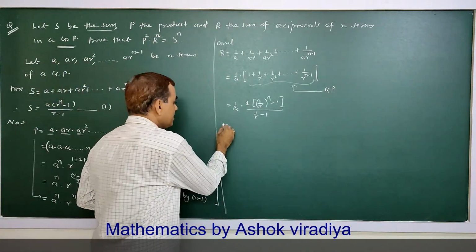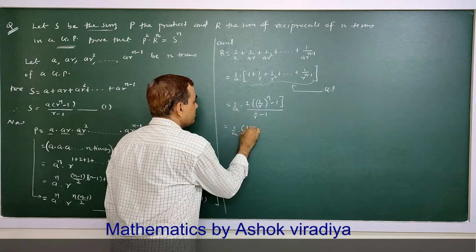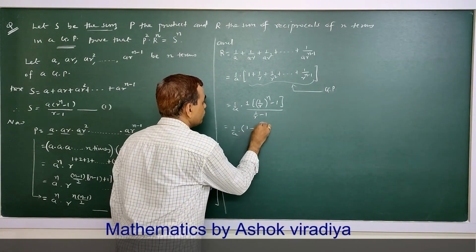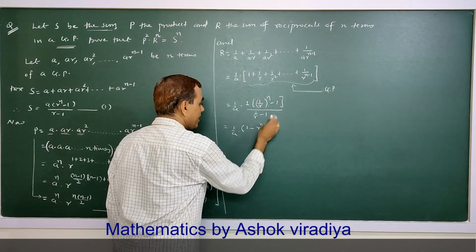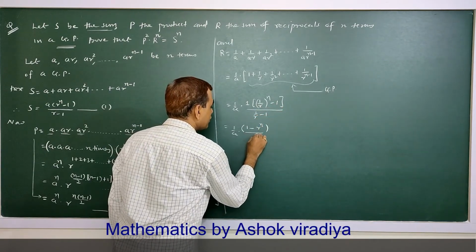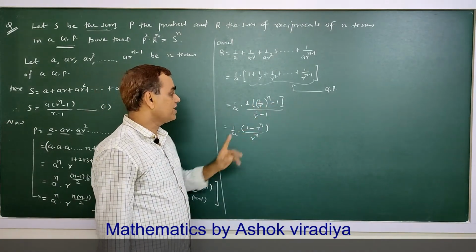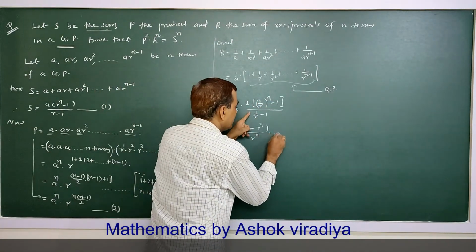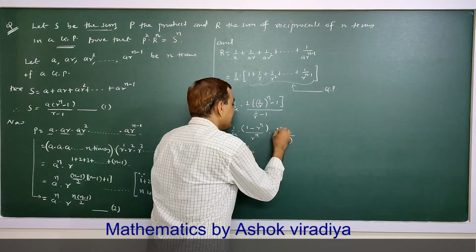Now this is equal to 1 upon A into 1 minus 1 upon R raised to n, taking LCM, 1 minus R raised to n upon R raised to n, and here this will be 1 minus R, and its LCM we take in the numerator.